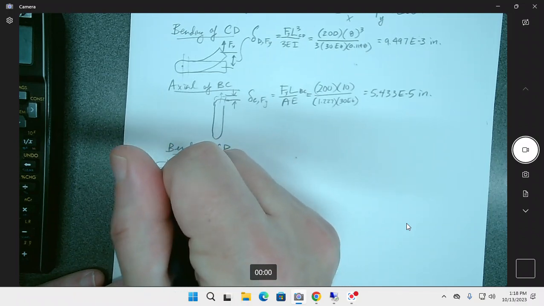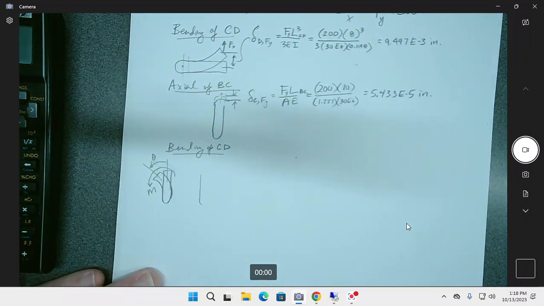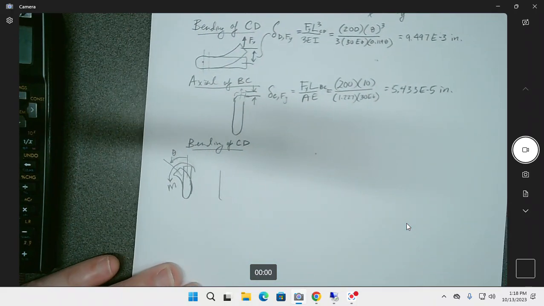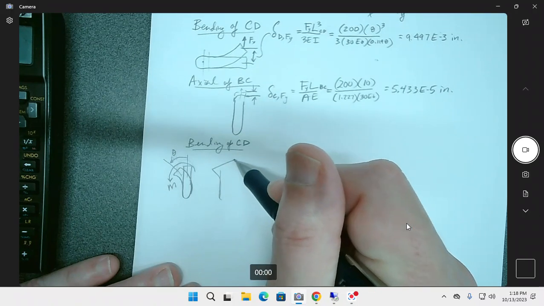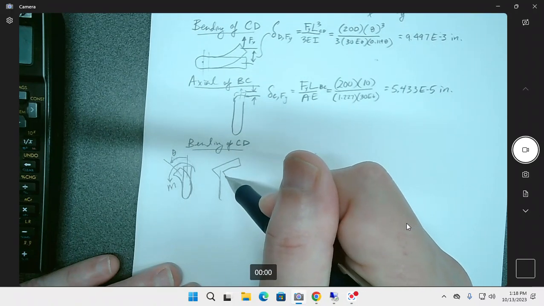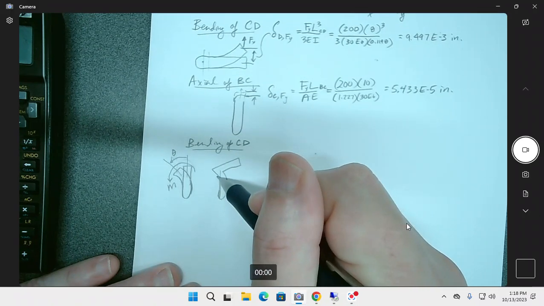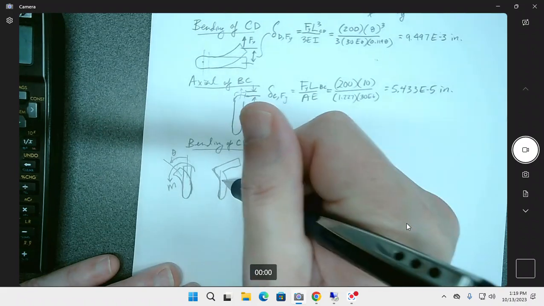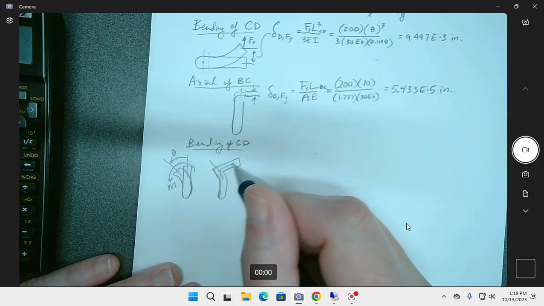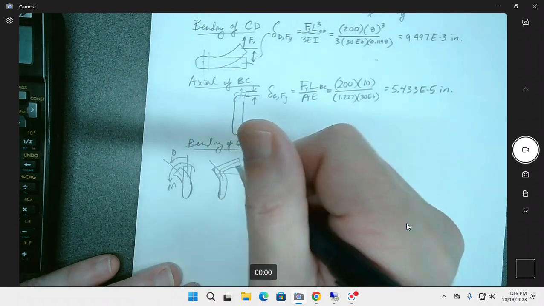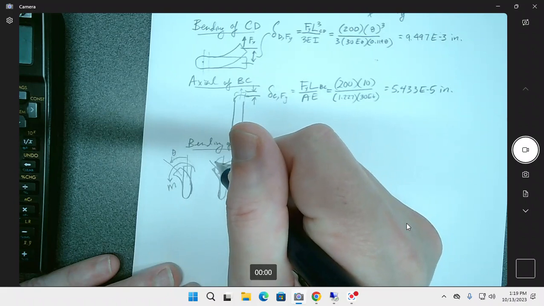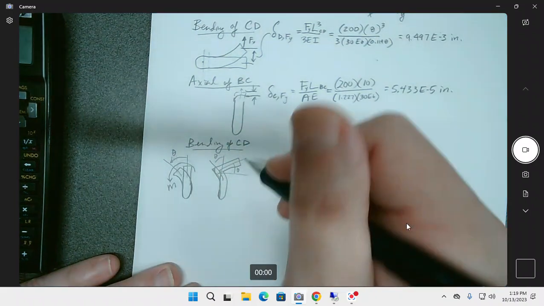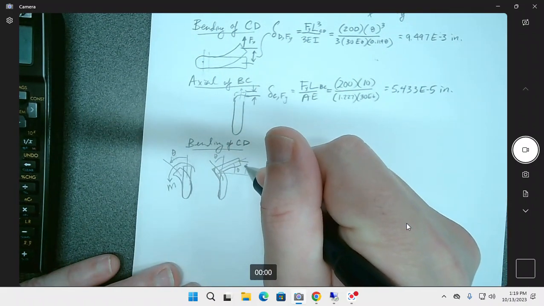And that's going to create an angle. Right? And that angle is going to be the same angle as this, which creates this deflection.